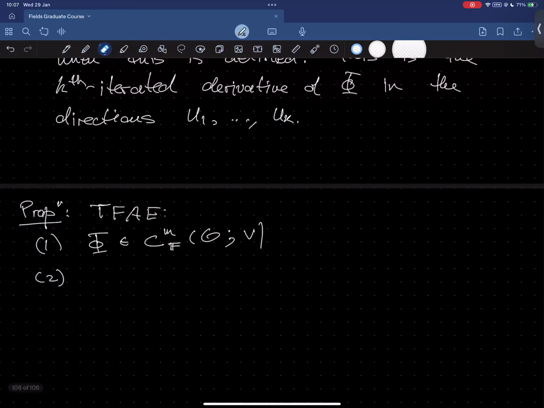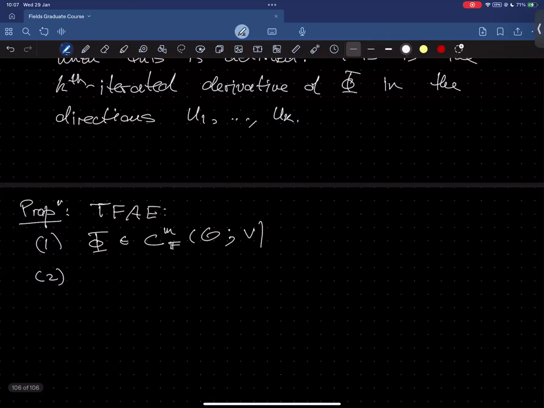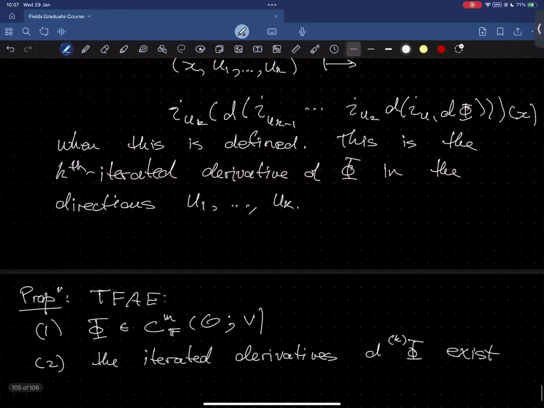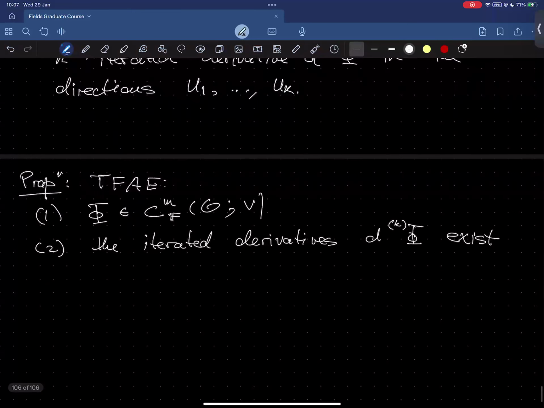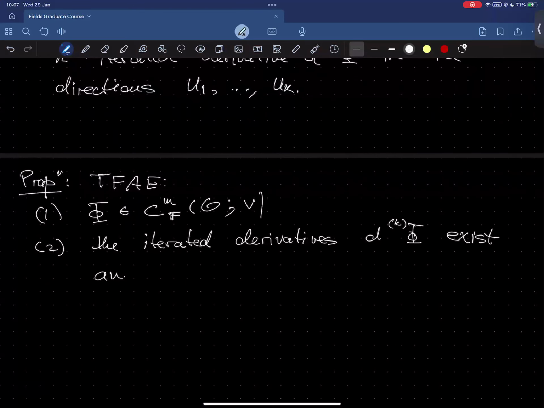Being of class CM is equivalent to the iterated derivatives D k phi existing, and being continuous, for k less than or equal to m.